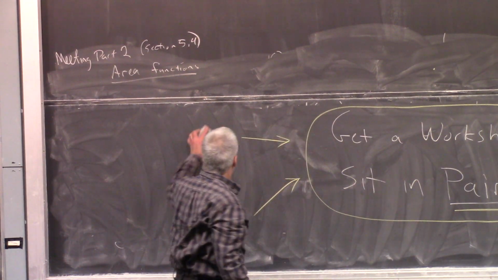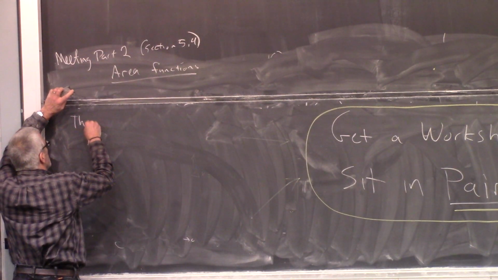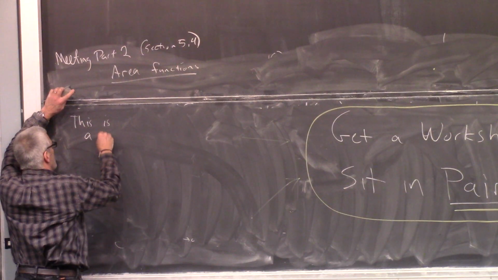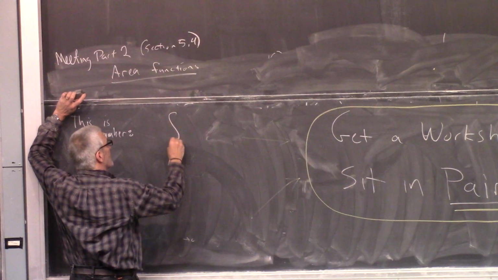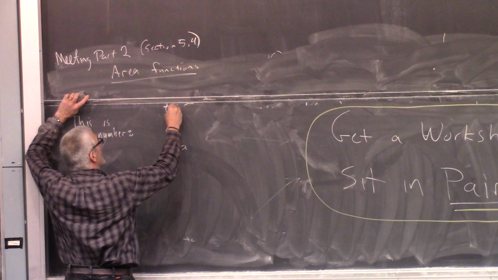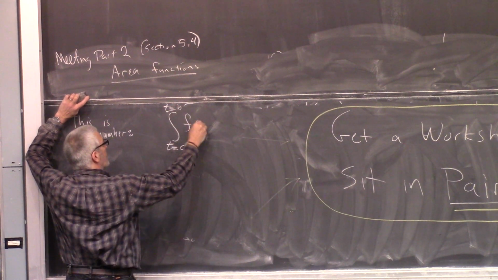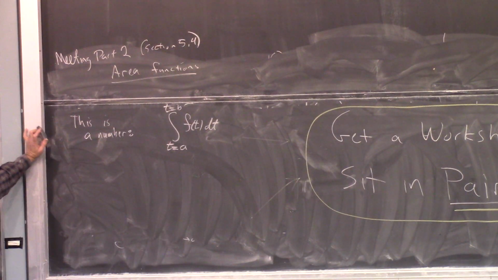So this symbol, I'm going to do t equals a to t equals b, and I'm going to use the letter t as the variable. So this is the number that's the signed area under the graph of f from a to b. So a and b are actual numbers. This is a number.